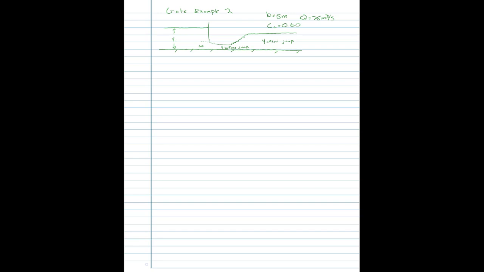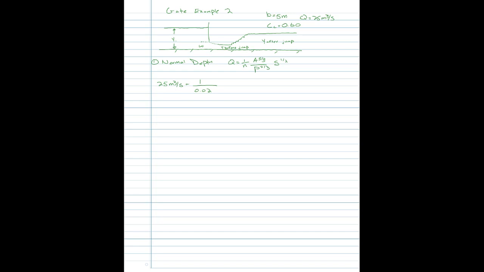Okay, so our first step here is we're going to need to find what is the normal depth. And the Manning's equation is what we can use to calculate the normal depth, where we're entering in the channel geometry, the material type, and the slope, the flow rate. In this case, we know that the flow rate is 25 cubic meters per second, the n value of the materials that the channel is made out of, 0.02.